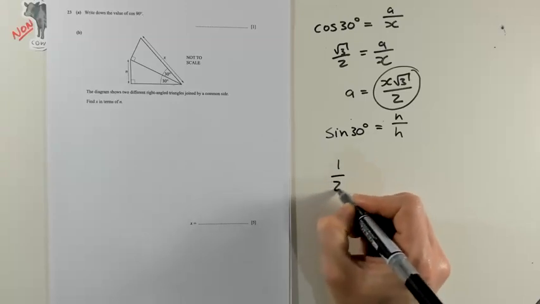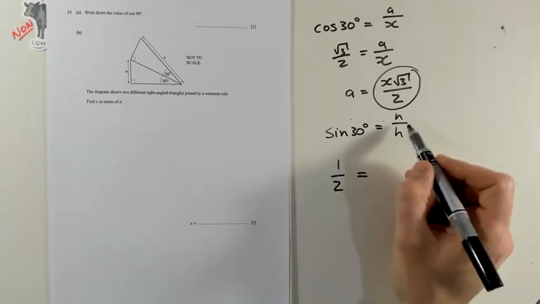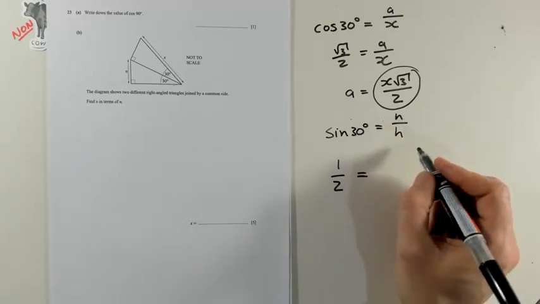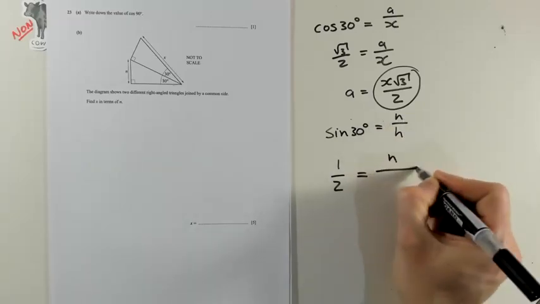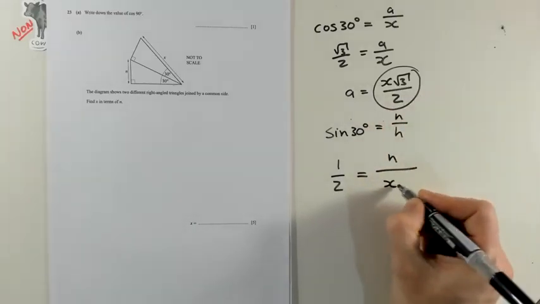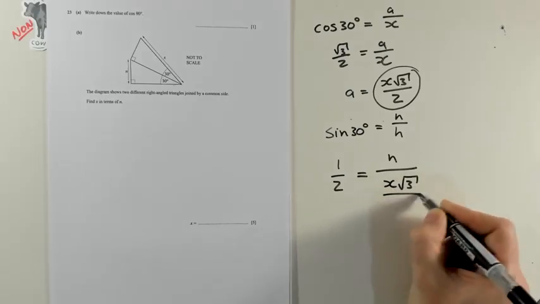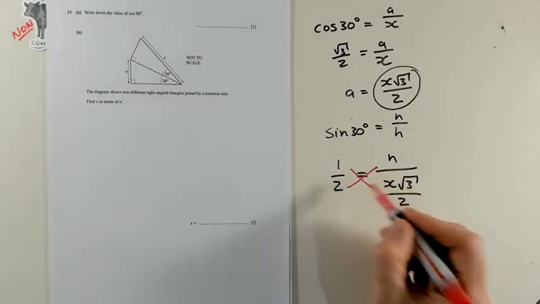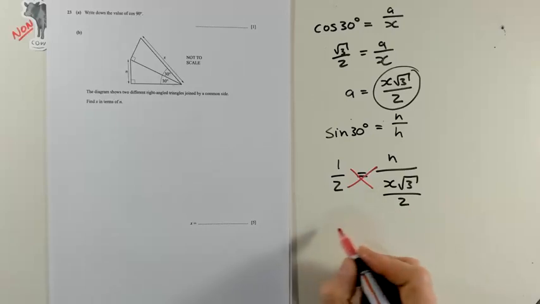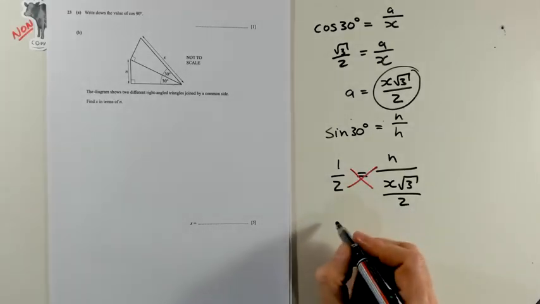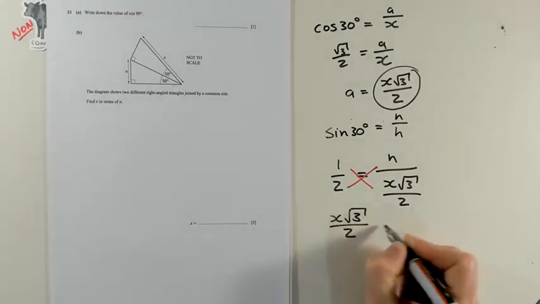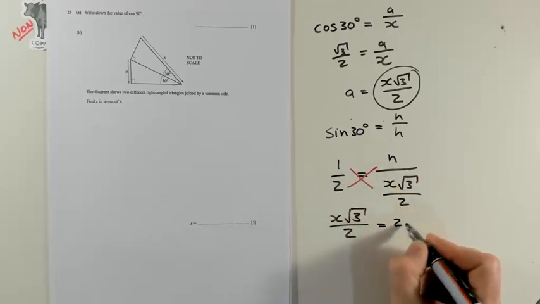So a half is equal to this n over this whole ugly looking thing. But now I know if I cross multiply, it's going to be fine. So this is a lot of marks. x square root of 3 over 2 is equal to 2 times n, which is 2n.